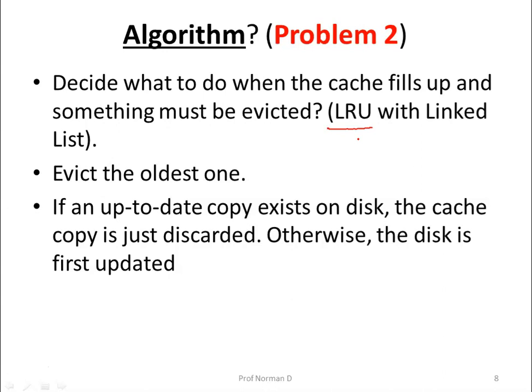So when something has to be evicted, the oldest one is chosen. So always evict the oldest one. If an up-to-date copy exists on the disk, the cache copy is just discarded. Otherwise, the disk is first updated.